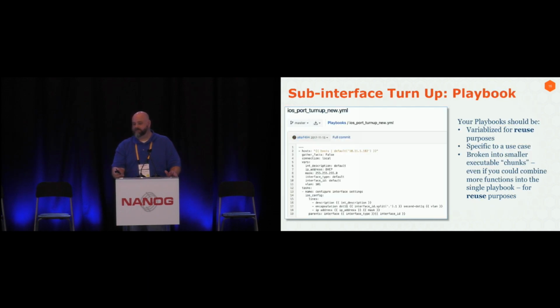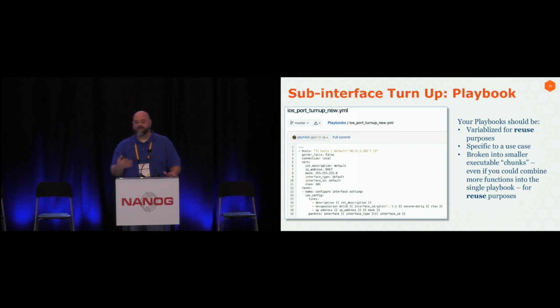The playbook for our sub-interface turn up, a few things about Ansible playbooks. Want to make sure that you variabilize as much as you can. You don't want to have a separate playbook that you have to go edit every time you call it to turn up a specific sub-interface or to load a specific config or to upgrade your OS.